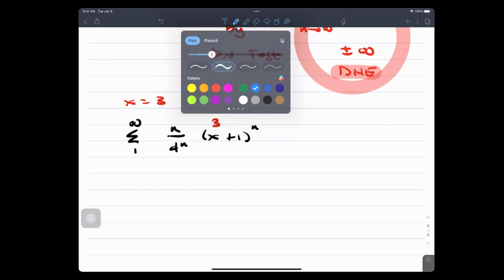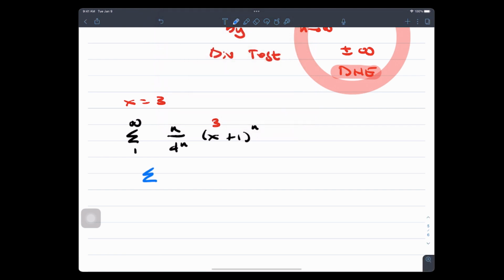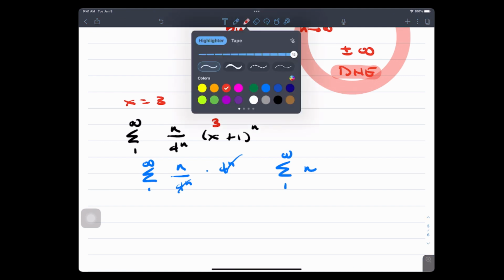So now you say, what happens when I plug this in? Well, now that's going to be what? This is now times 4 to the n. And that's just going to be the series. That's just n. Right? So, okay. So what do you guys know about this? What happens now?